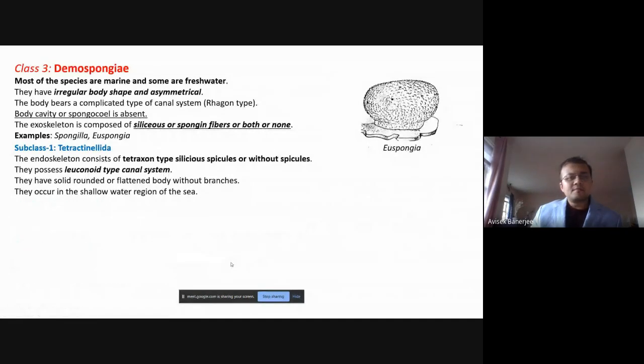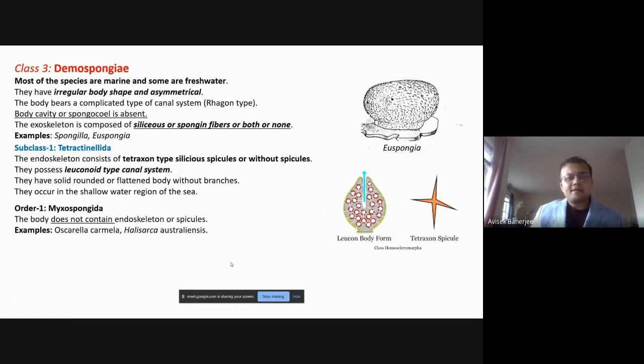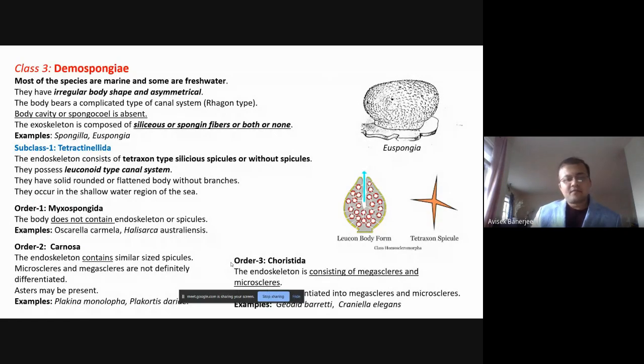So going back to Tetractinellida, they actually have 3 orders. As you go down the classification for any phylum, initially it becomes very easy because the features are very cardinal features and easy to remember. As you go deep into the classification, the different features become very subtle, very small. The features are very overlapping, I mean, to a very amateur person.